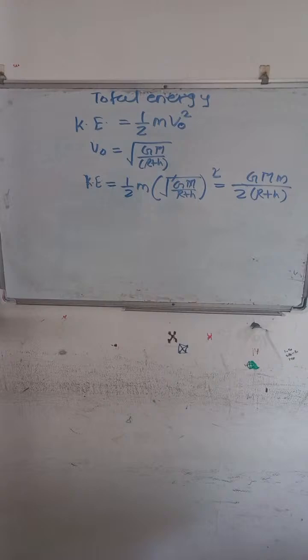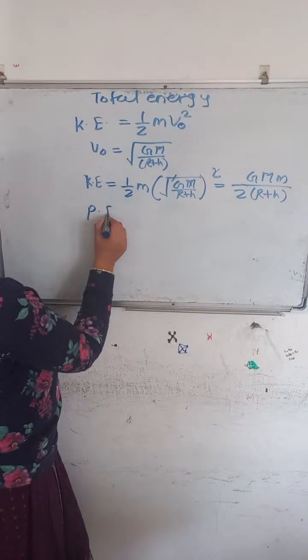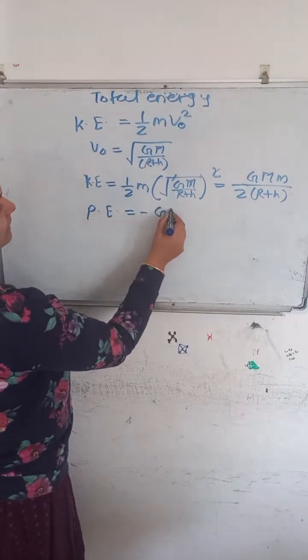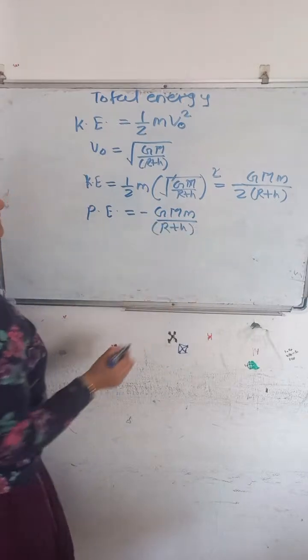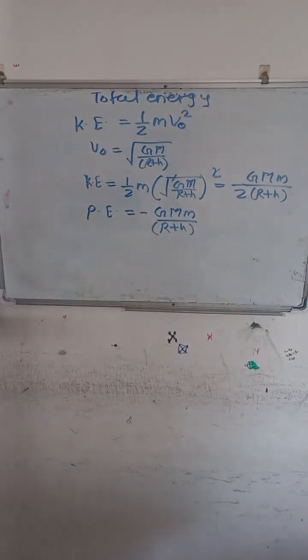Yesterday we did the gravitational potential energy, which is nothing but minus GMm upon r plus h. This expression we derived yesterday, because we are bringing the body from infinity to some predetermined distance. We are performing some work done, and that work done we express in terms of potential energy, that is minus GMm upon r plus h.